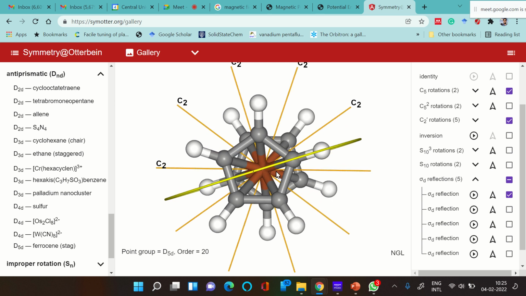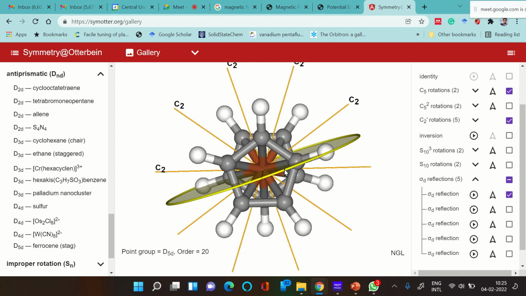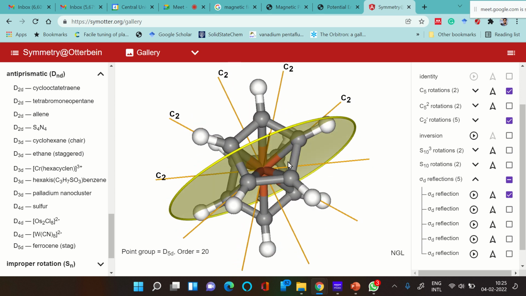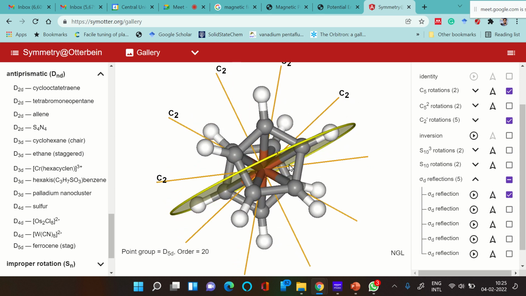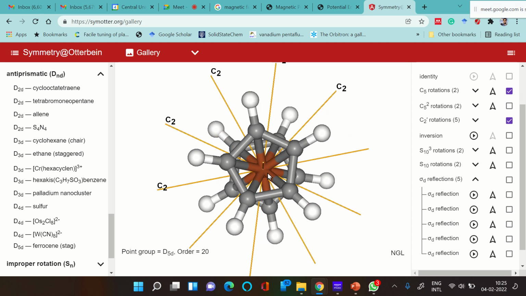Okay. So you can see, this is why you have 5 C2 axes. You can visualize the 5 C2 axes coming from all these points. आप ध्यान से देख सकते हो कैसे बन रहा है.